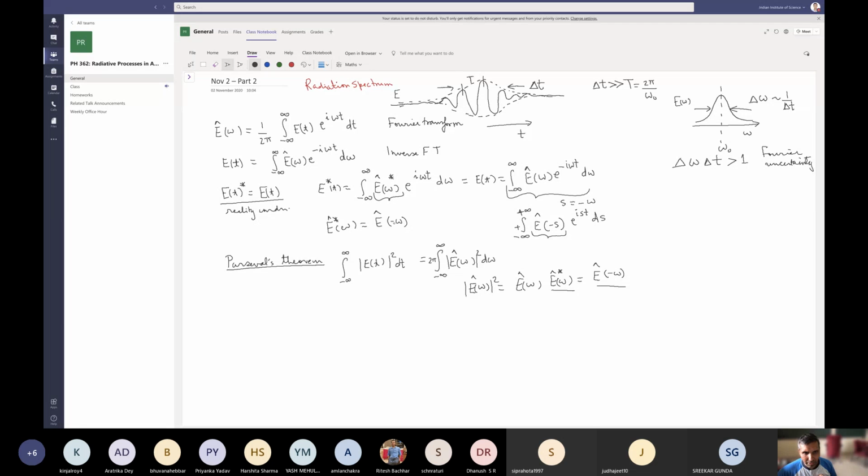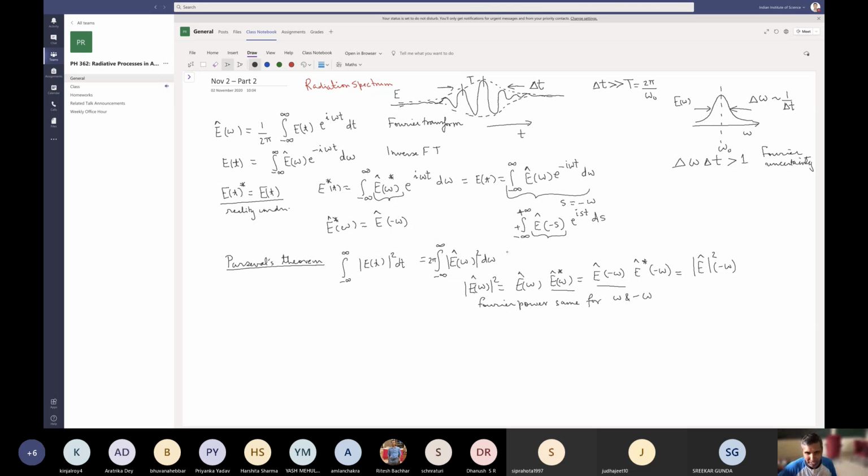Similarly, if we put omega equals minus omega here, we'll have E hat star minus omega, which is nothing but E hat squared evaluated at minus omega. This is E hat squared evaluated at plus omega. So what it means is that the Fourier power is the same for omega and minus omega. So the negative frequency has the same power as the positive frequency.